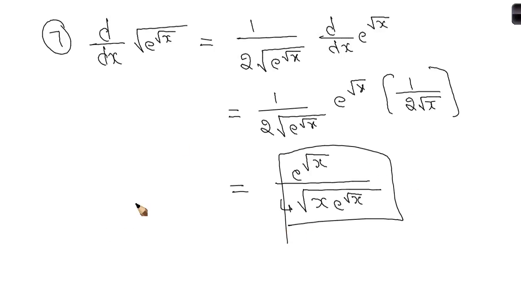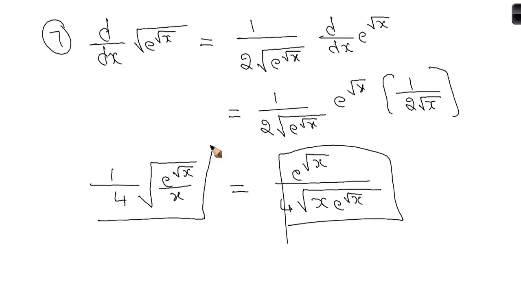You can write this as 1 by 4 times root of e^(root x) upon x. This is also one of the most simplified forms. This is also correct.